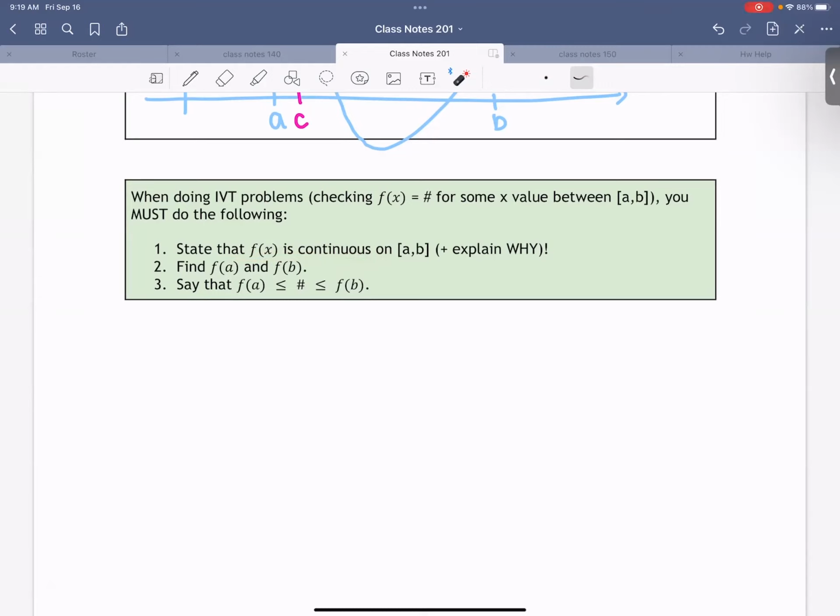We're also going to find f(a) and f(b), and then we're going to say by the intermediate value theorem there's a number. Instead of saying part 3, let's just say that the claim is true. I have no idea what I meant when I wrote that third part.